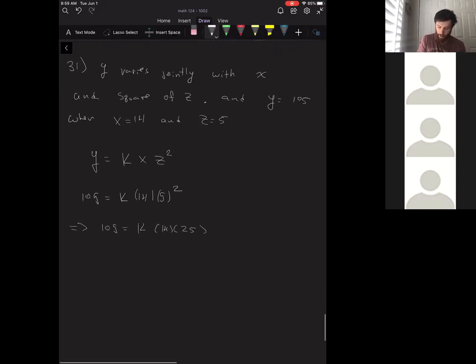To solve for k, we divide by the 14 times 25 on the other side. So k is going to equal 105 divided by 14 times 25, which if you simplify that, you should get 3 over 10. So k is equal to 3 over 10.